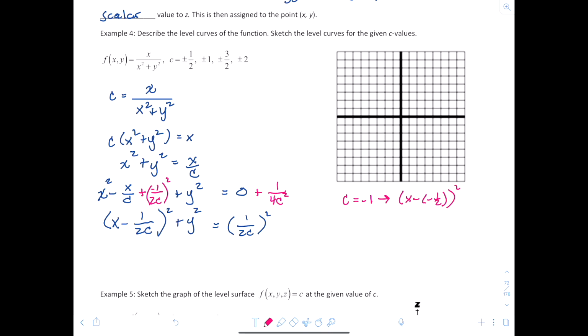The quantity squared, and then plus y squared is equal to, do you see the negative will go away in the square, right? You'd have -1/2 squared, but that would be the same as 1/2 squared. So you're going to have a circle with radius 1/2 that's centered at -1/2, 0, right?